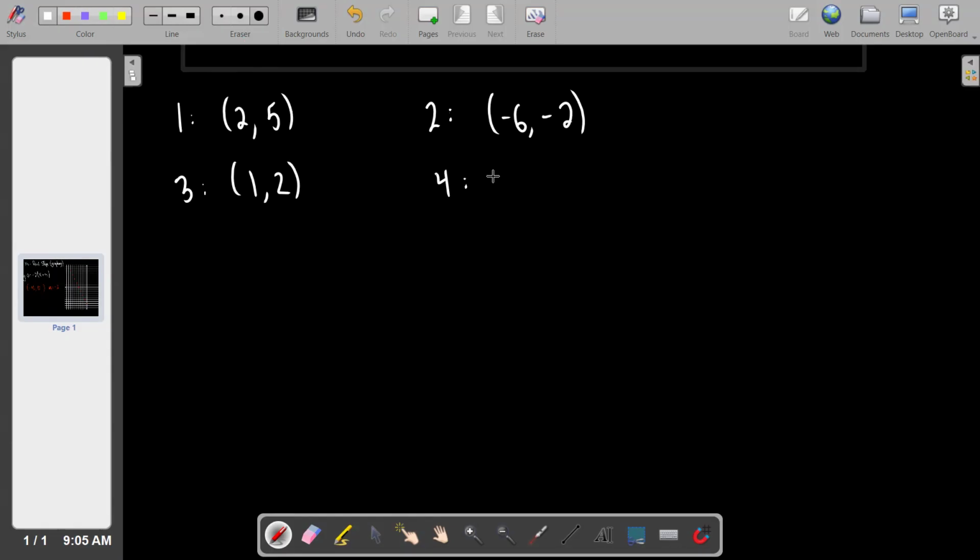For number 4, use the point 2, -5. I wouldn't worry about graphing these right now, just write them down. Number 5, please use 7, -6. Number 6, please use -2, 6. I'm writing them down as I go, okay?